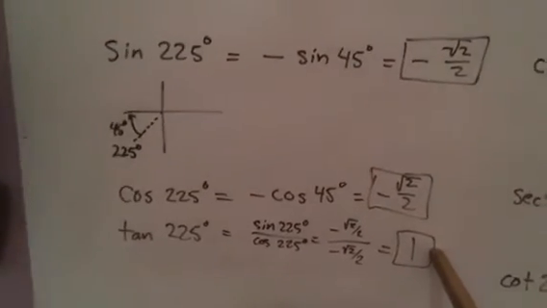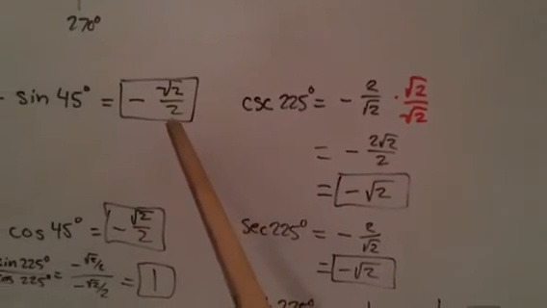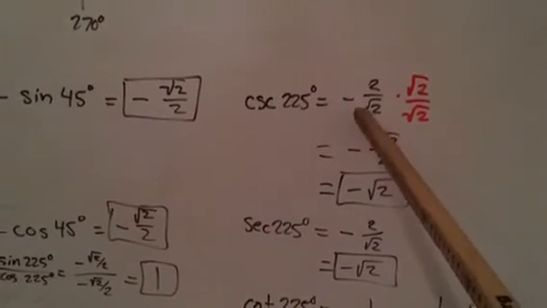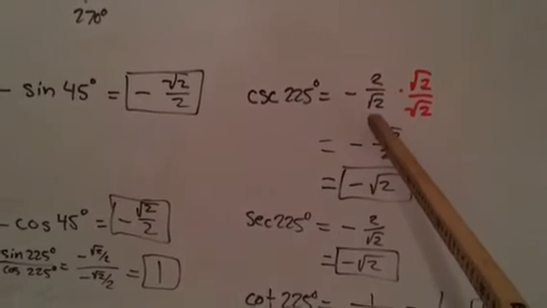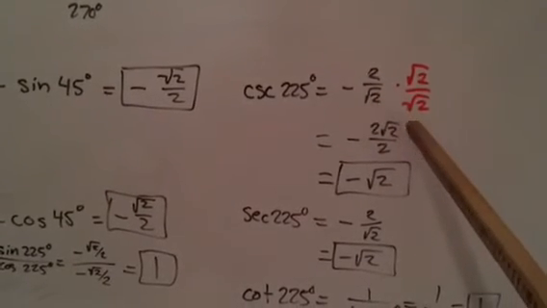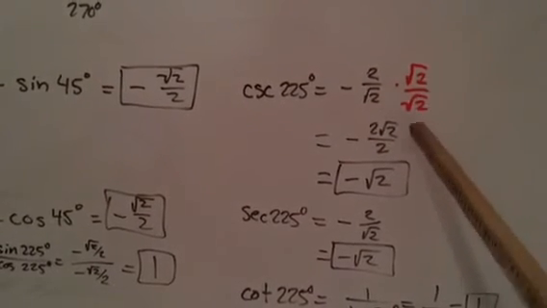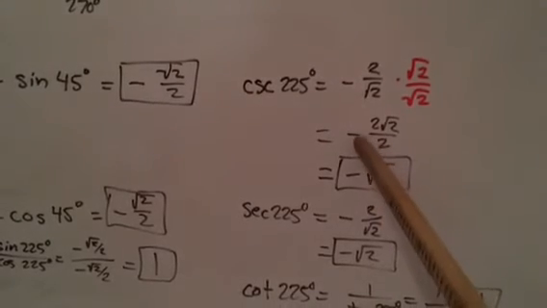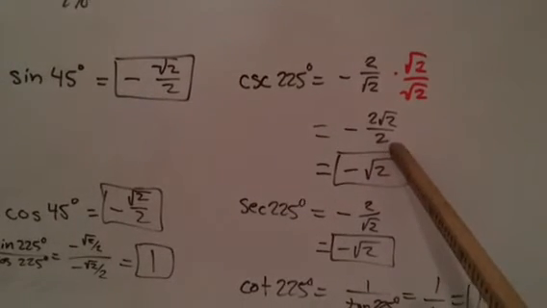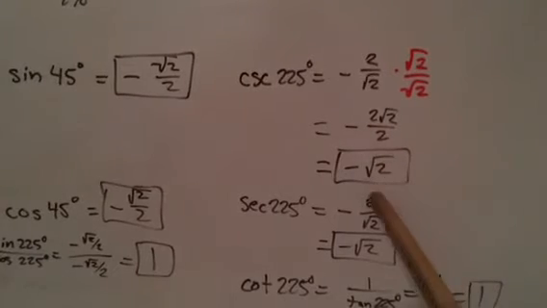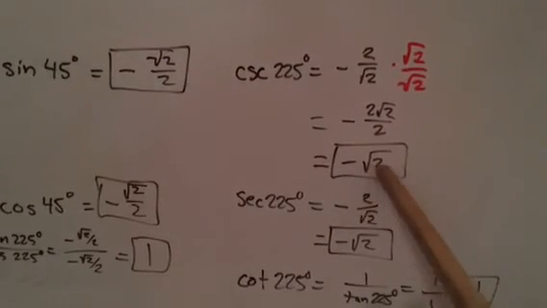The other three trig functions are the reciprocals of these. If I take the reciprocal of sine, I get -2 over square root of 2, and then rationalize by multiplying top and bottom by square root of 2. I get 2 square root of 2 over 2. And you'll notice the 2's cancel, leaving just negative square root of 2.